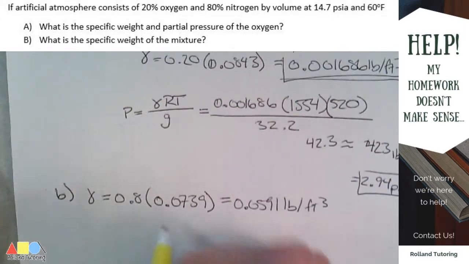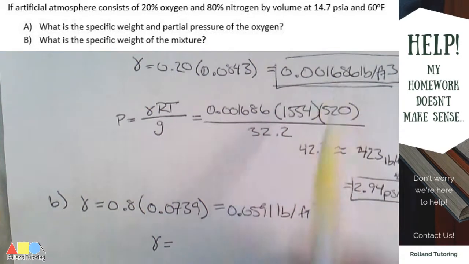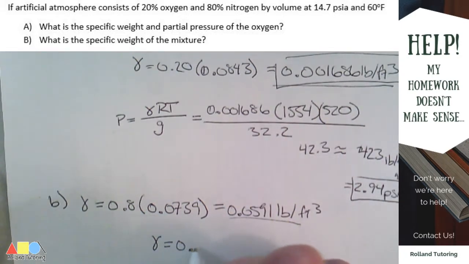So the mixture would have to be the combination of this number and this number. We get 0.001686 plus 0.0591.